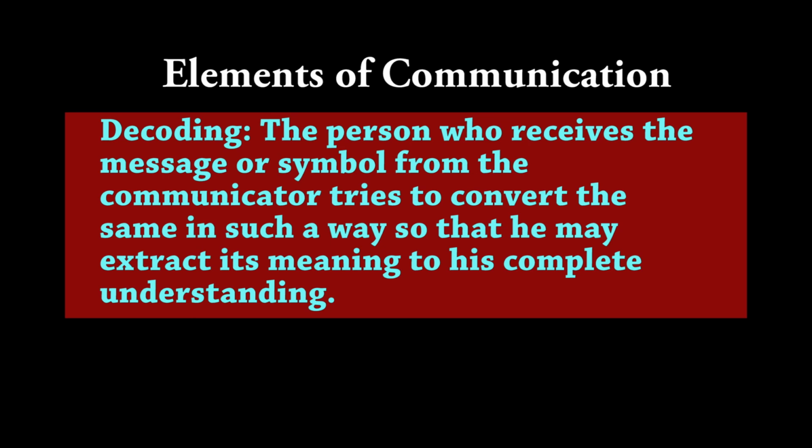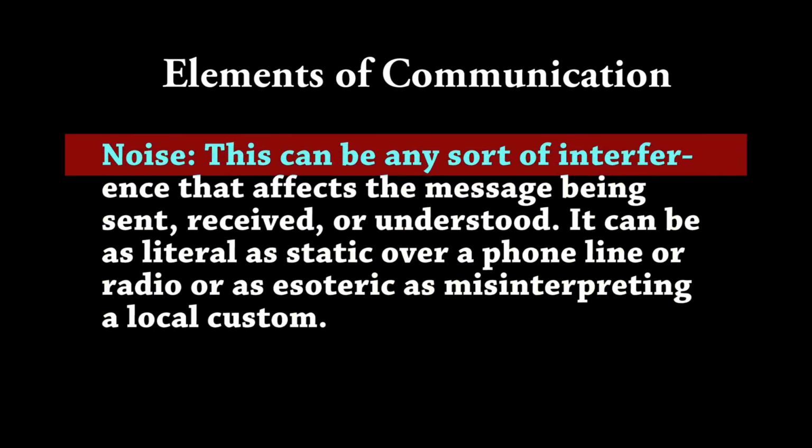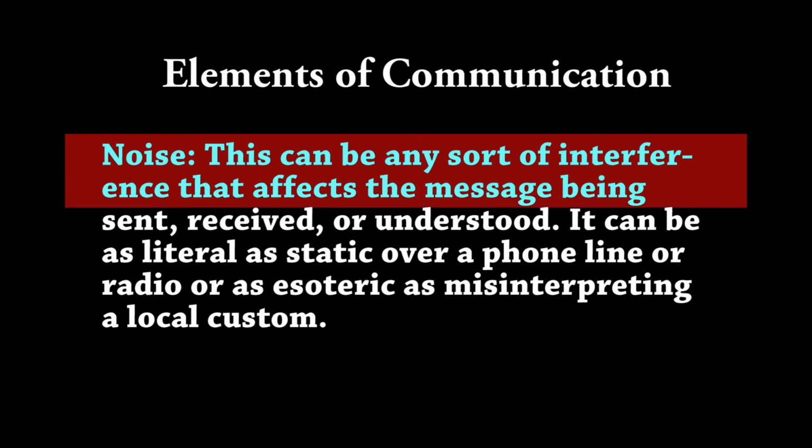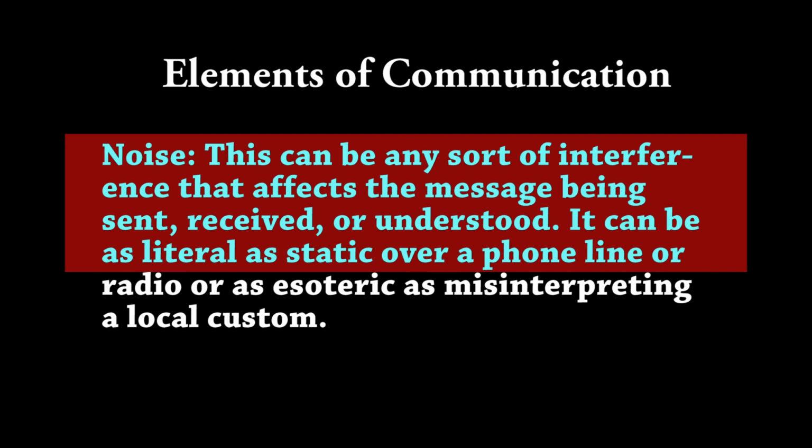So this is the process. This whole process goes one by one, and if there is any disturbance or glitch in that particular flow of communication, that is called noise, and this can be any sort of interference that affects the message being sent or received or understood.